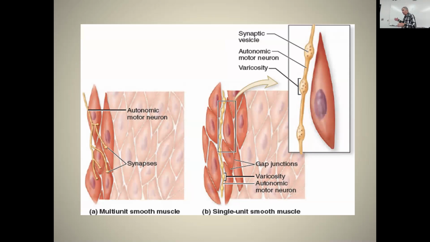And then single unit on the right, we have these varicosities, and an autonomic motor neuron has these varicosities, and it just travels by, and there's these caveolae where, as I just mentioned, the neurotransmitter receptors are, and then each cell is linked by gap junctions. So the one next to the motor neuron gets stimulated, and then it stimulates the next one over, by gap junctions.